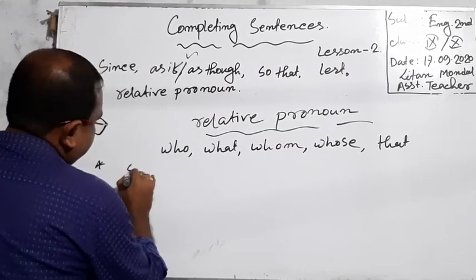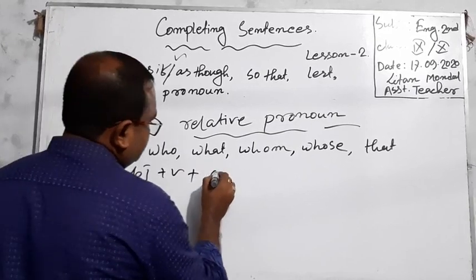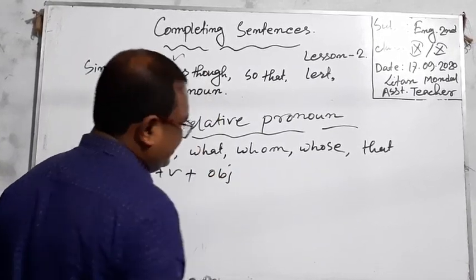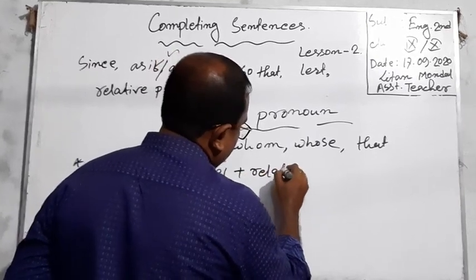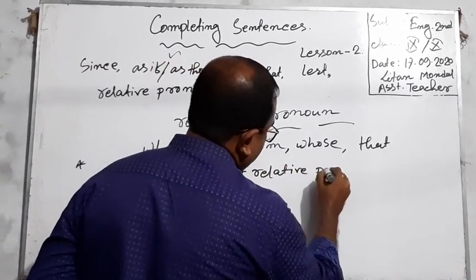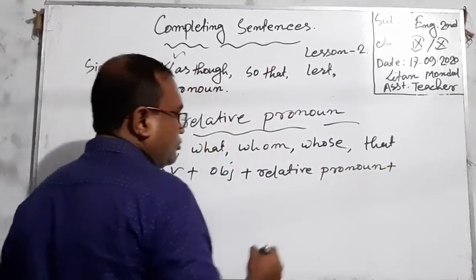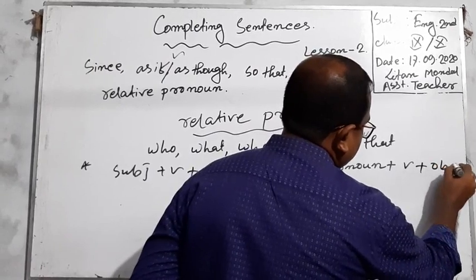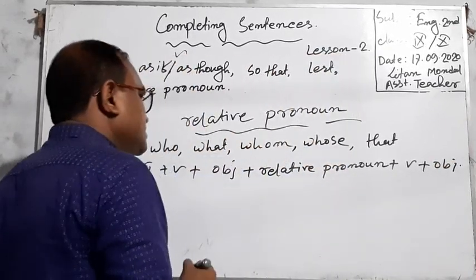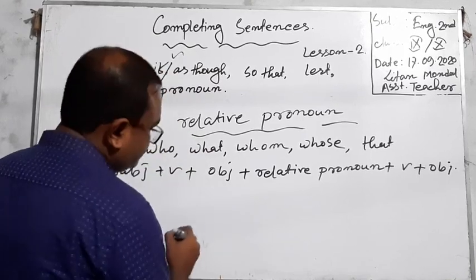This is subject plus verb plus object or antecedent plus relative pronoun plus, according to the antecedent, we have to use verb plus object. Now the question is, what is antecedent?